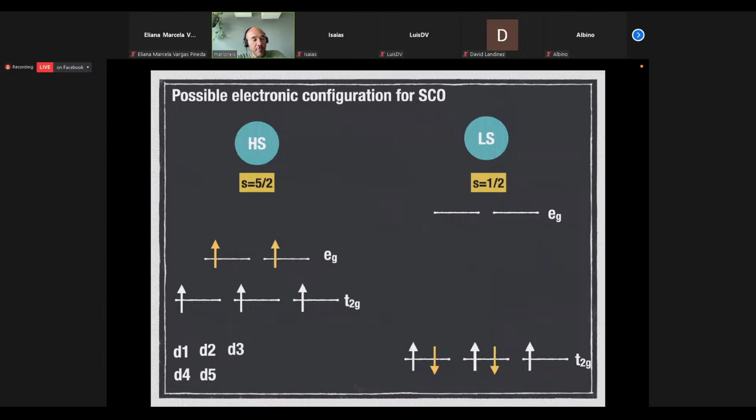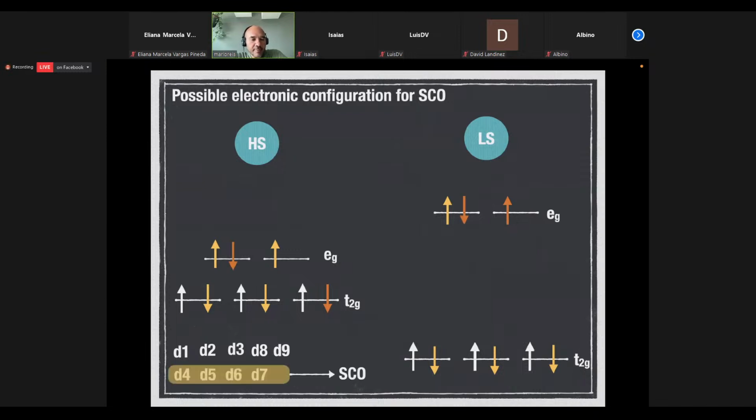D5, also, it's possible to suffer spin crossover. D6, also, because the electronic configurations are different. You can see here. D7, also. D8, it's not possible to suffer spin crossover because the electronic configuration is the same.